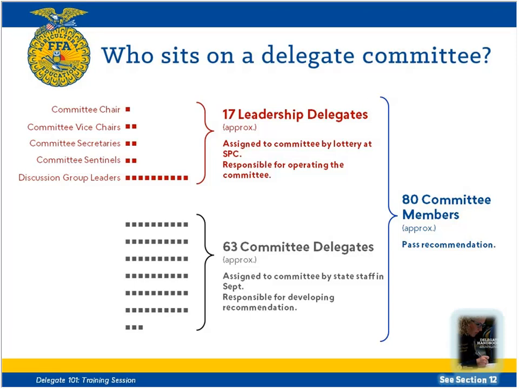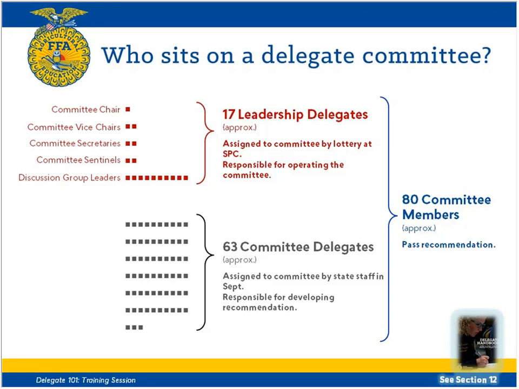Every committee will have one committee chair, two committee vice chairs, two committee secretaries, two committee sentinels, and up to 10 discussion group leaders. Now, aside from those 17 individuals, every committee also has approximately 63 committee delegates. These individuals were assigned to committees by state staff in September.